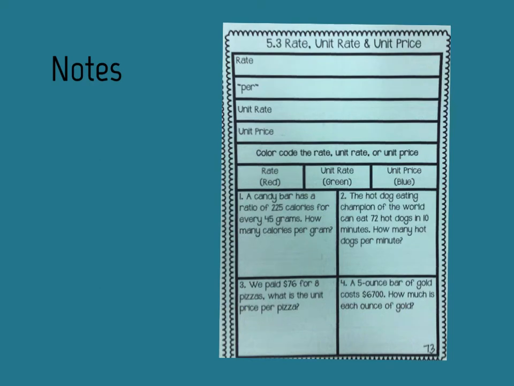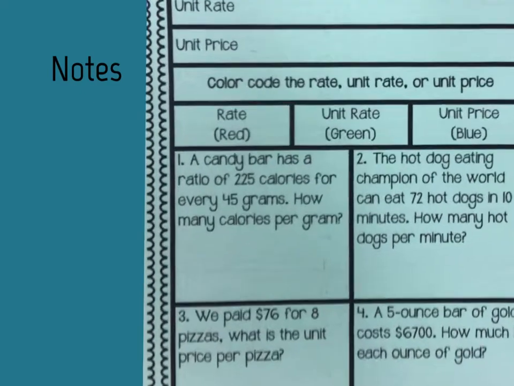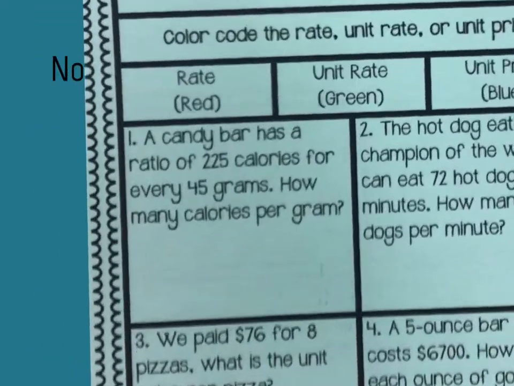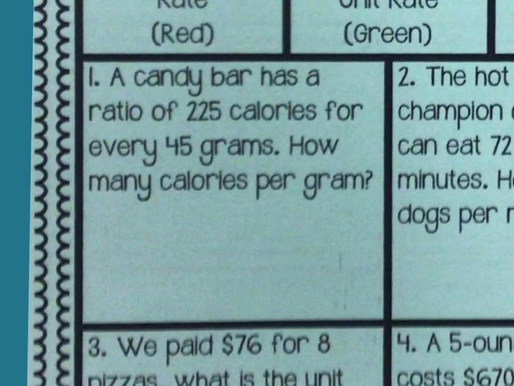This is your notes for unit rate, and it is on page 73. Let's go through these questions and see what we get. Number 1, a candy bar has a ratio of 225 calories for every 45 grams. How many calories are there per 1 gram?